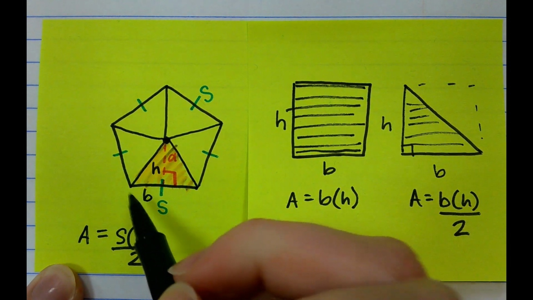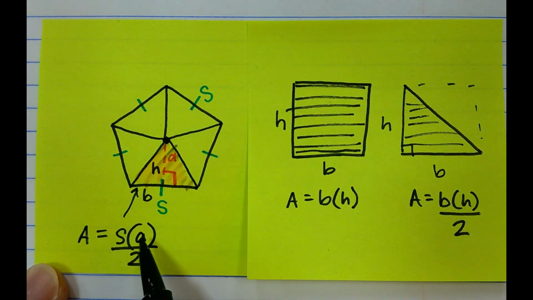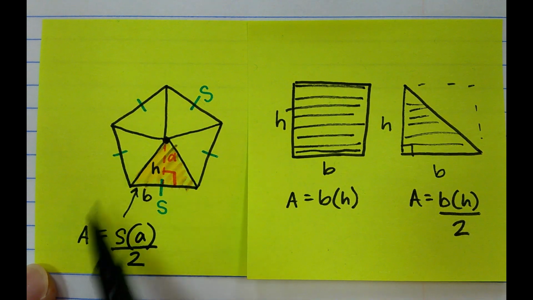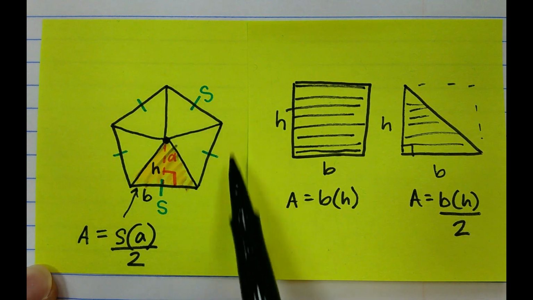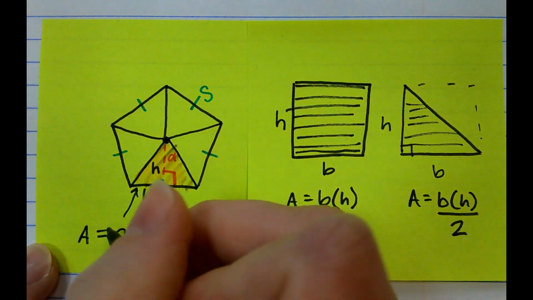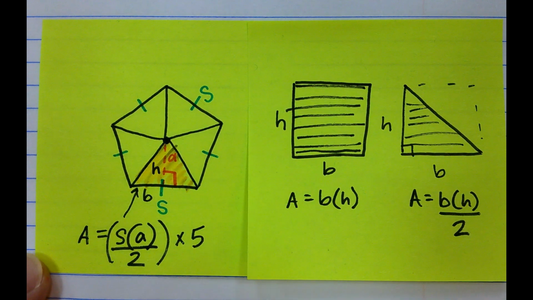This just gives me the area of one triangle. If I wanted the area of the whole shape, I would need this area times 5, because there's 5 of these triangles. So I would take that whole thing times 5.